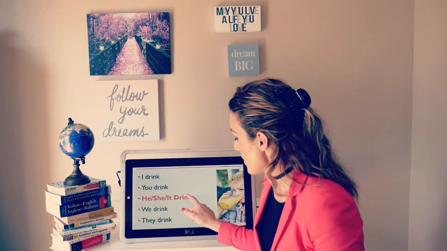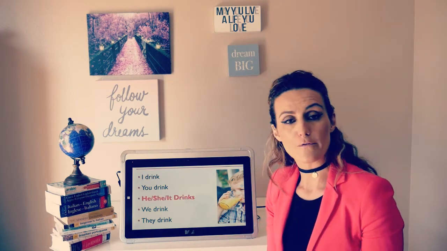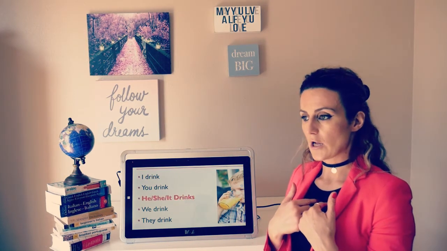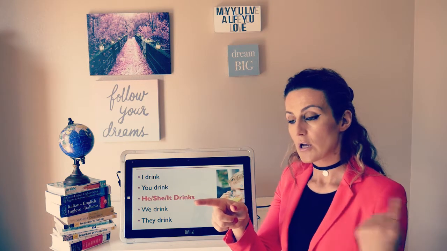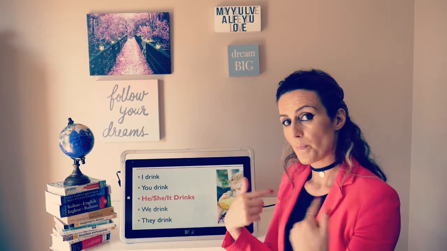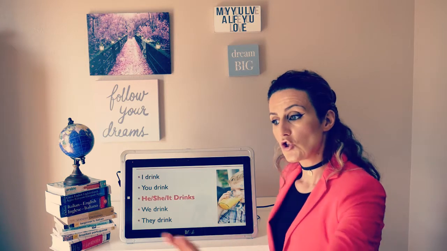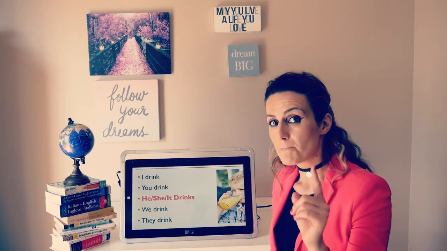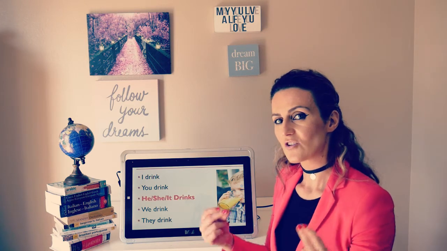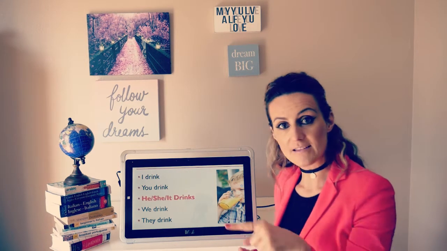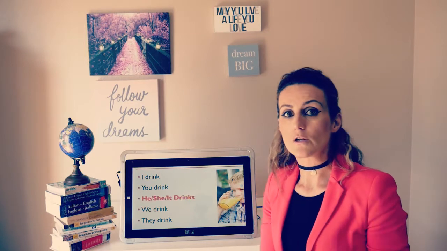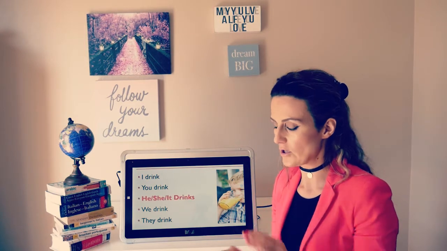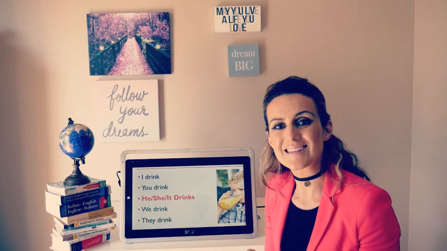Why? Because you must add an S to your verb. I drink, you drink, we drink, you guys drink, they drink, but he, she, it drinks. Don't forget the S. Many students, they say she drink every day. No, no, no. She drinks.